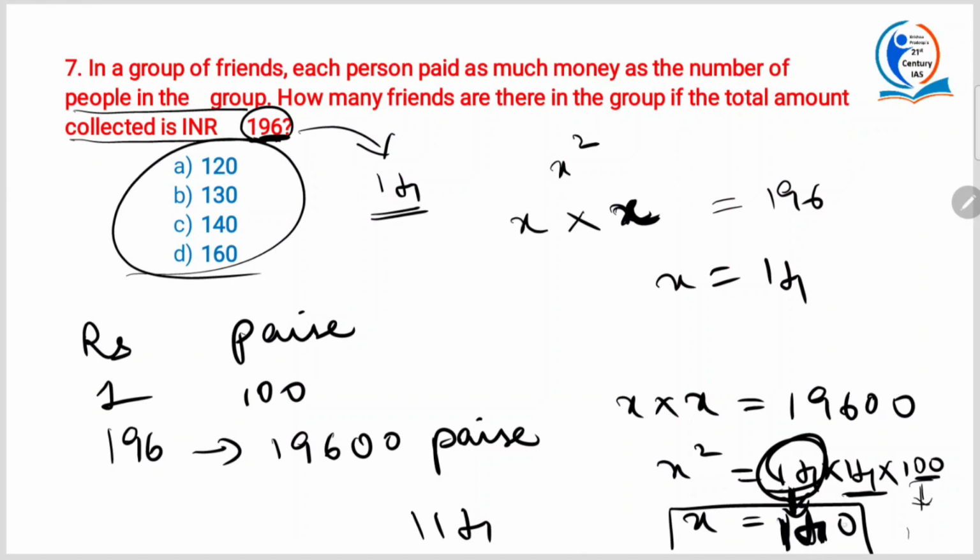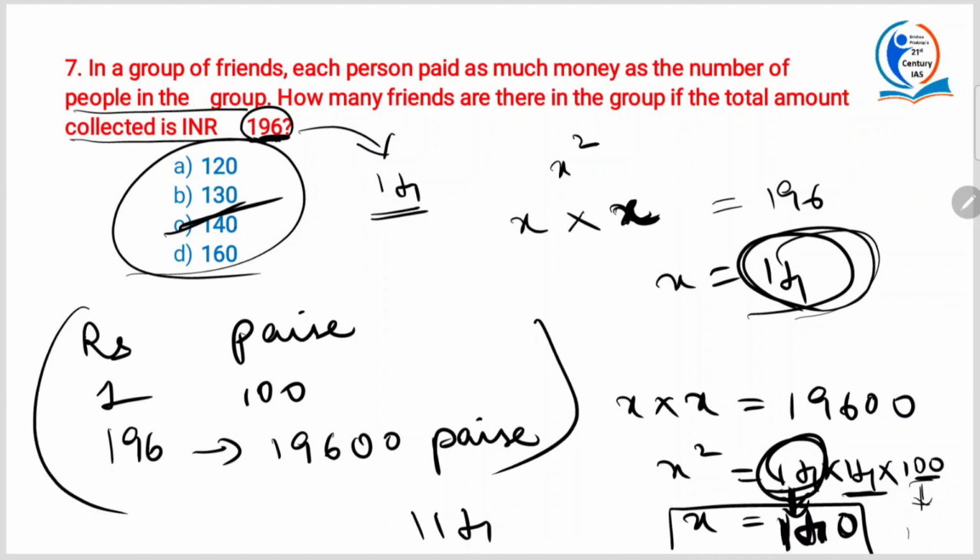So x is equal to 140 is the answer. Now, you might get confused. We are getting 14 as the answer, but 14 is not there, so this is a wrong question? No, this is the concept that you have to use.